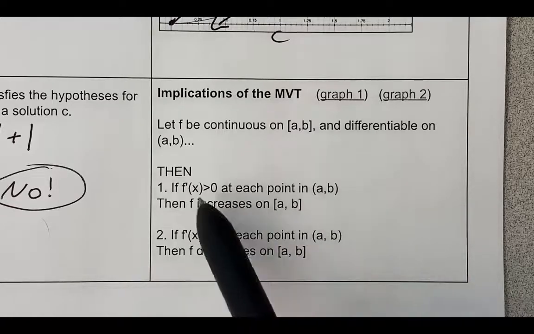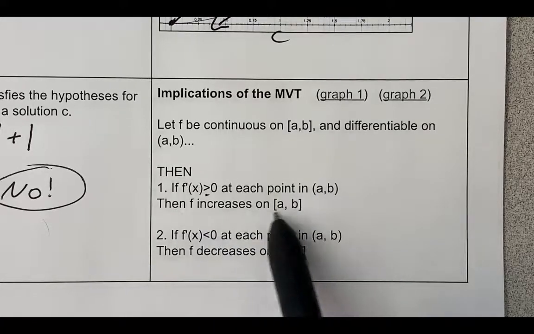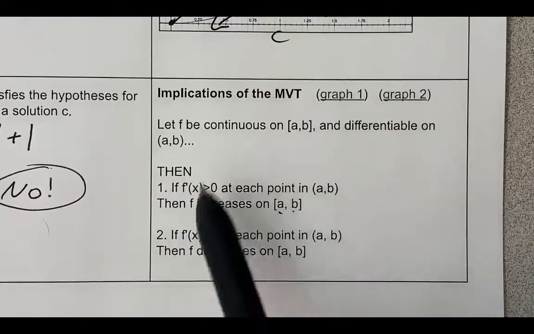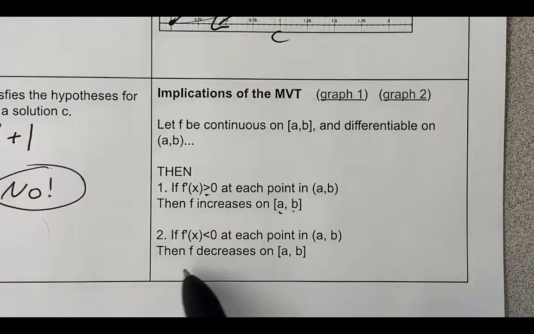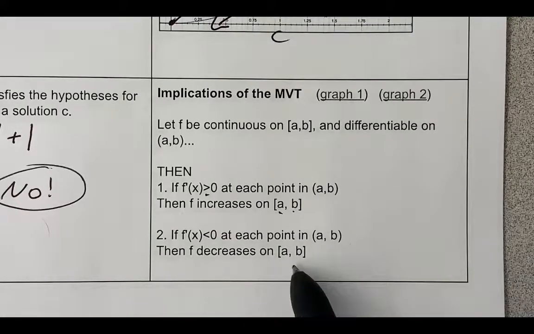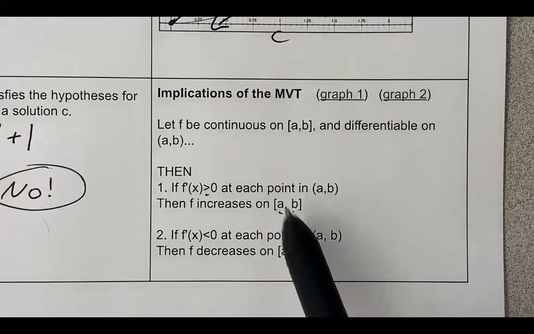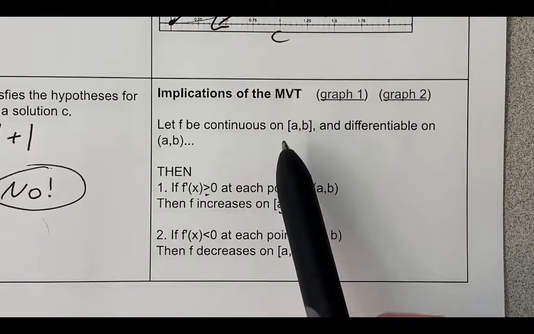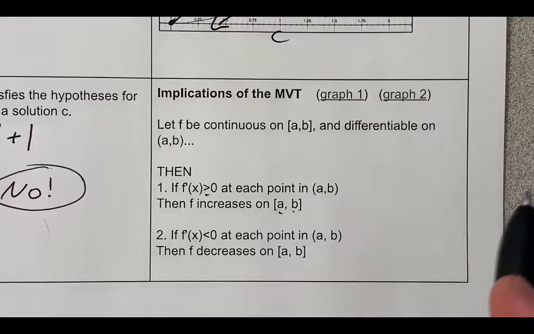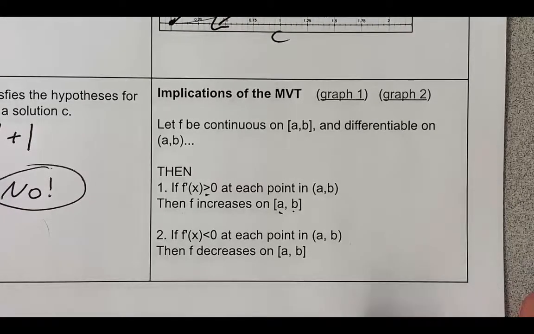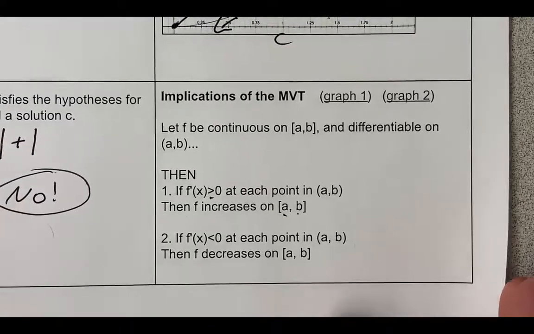Then if f prime is positive at each point in (a, b), we say f increases from a to b. And if f prime is negative, then the original function is decreasing on a to b. Again, this is something that we've talked about and used multiple times, but as far as mathematical justification, it actually all relies on the mean value theorem.